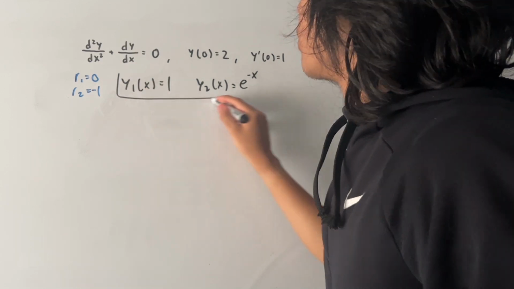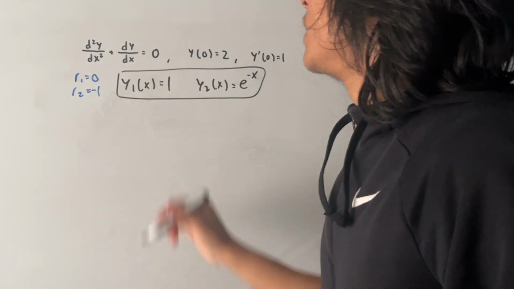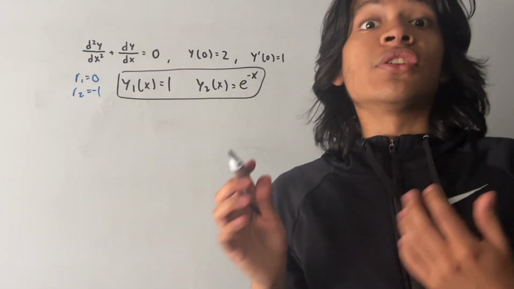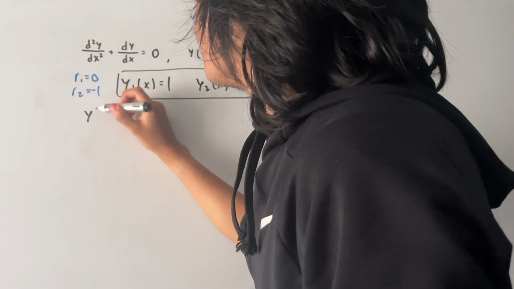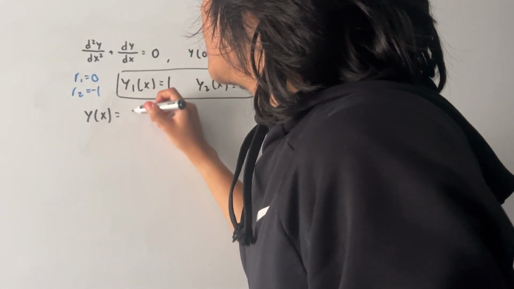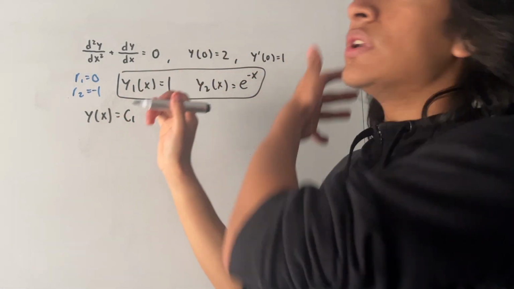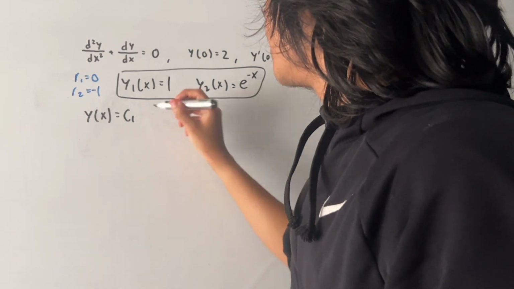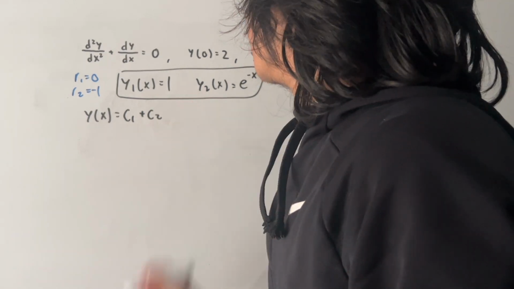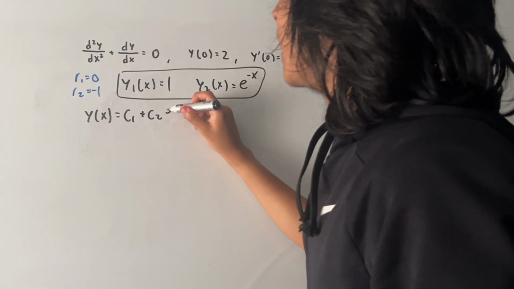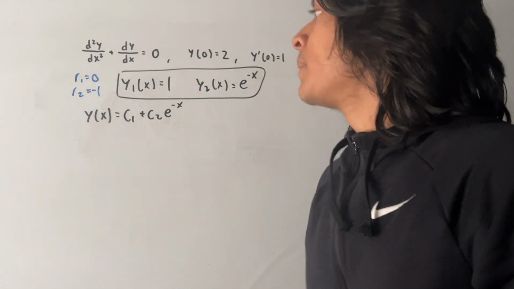So here are both of our solutions for this differential equation. And our general solution is going to be y of x is equal to c1, and our y1 is just 1, so I'm just going to leave it as c1 plus c2 times e to the negative x.